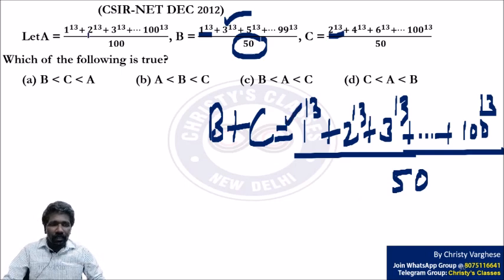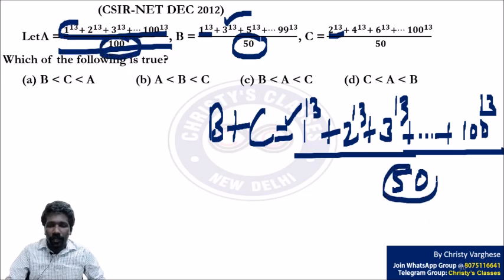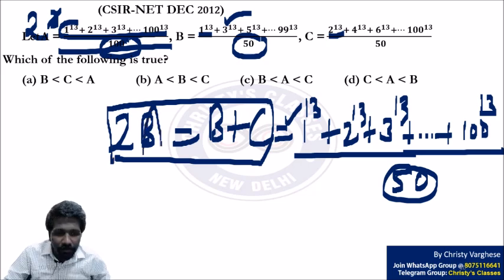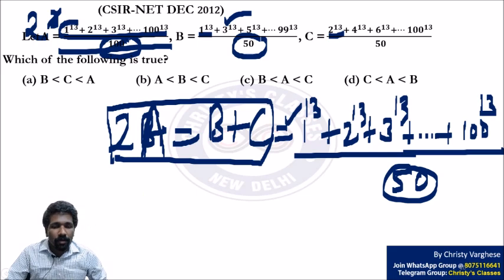This is B plus C, this is A. Do you have any idea what the connection between them is? The numerator is exactly the same; the denominator is 100 here and 50 here. That means if you multiply A by 2, the 100 cancels and you get exactly B plus C. That means 2A is equal to B plus C. That is the relation you are getting: 2 times A is equal to B plus C.